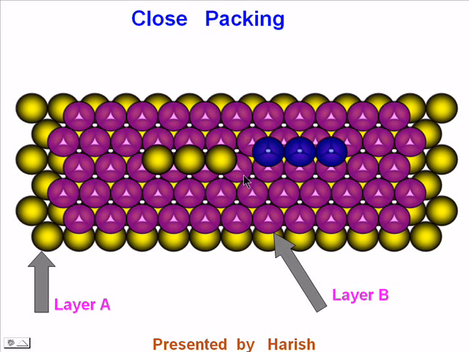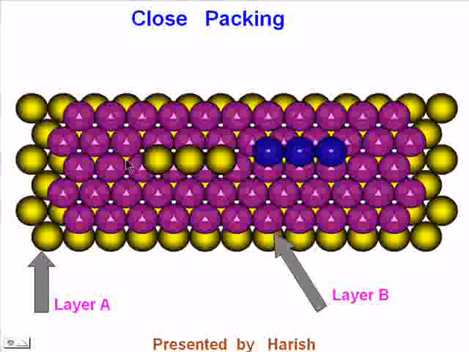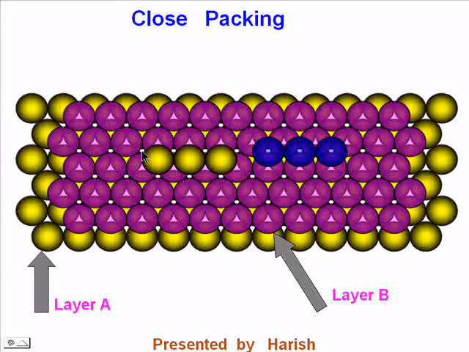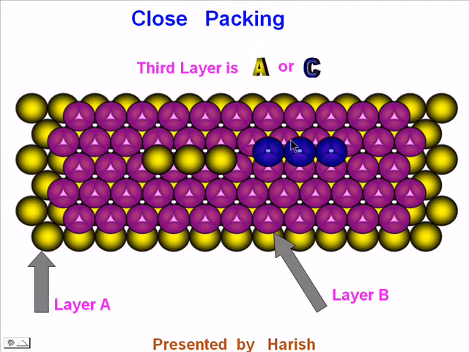That means if you are placing an atom over a tetrahedral void, you can't place an atom over an octahedral void. So the third layer is either A type, that is, you can have these yellow spheres which are over tetrahedral voids, or C type, that is entirely a different one, neither A nor B.